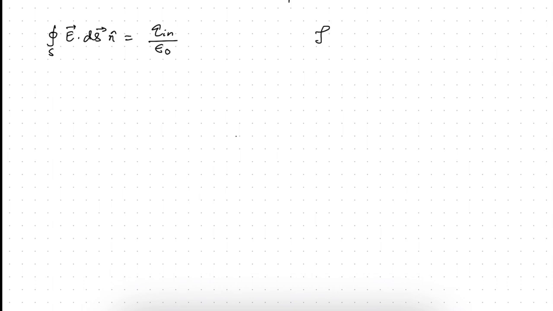Before that, the volume charge density rho is nothing but charge by volume. Suppose we have a very small volume element dv and the charge enclosed by it is dq, then rho will be equal to dq by dv.